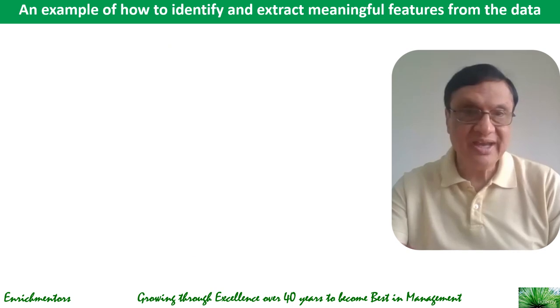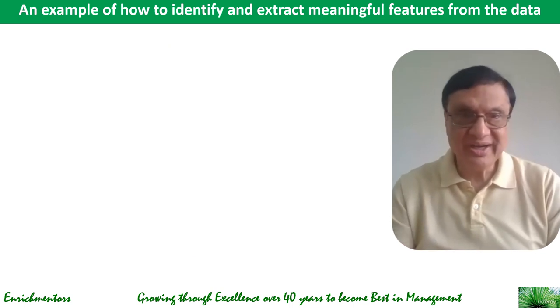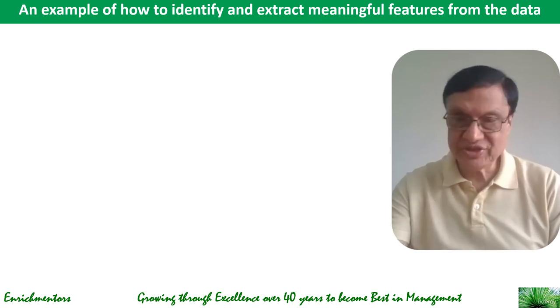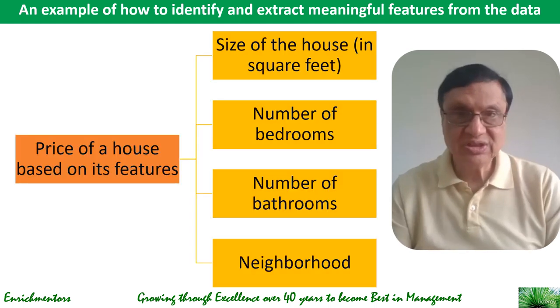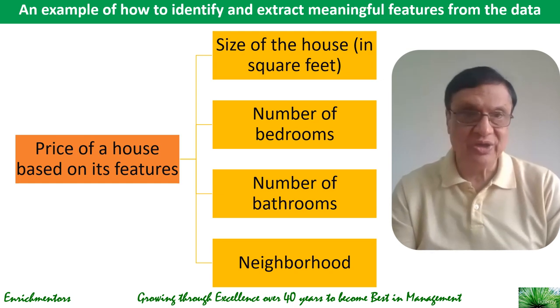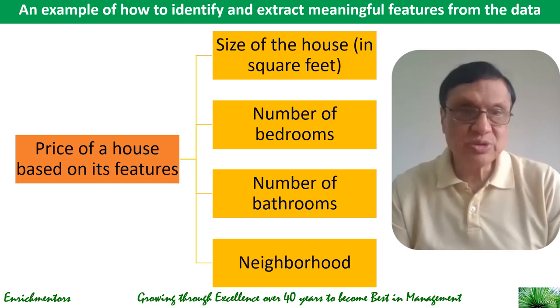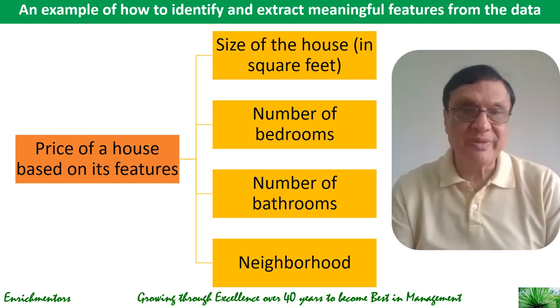Let's consider a data set containing information about houses, with features such as the size of the house in square feet, the number of bedrooms, the number of bathrooms, the neighborhood, and the price of the house. Obviously, the goal is to predict the price of the house based on these features.